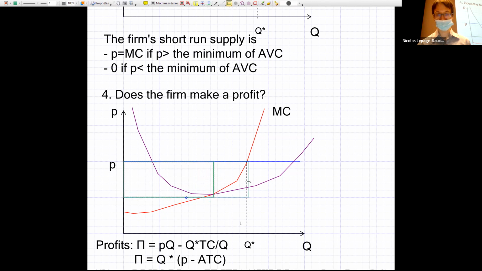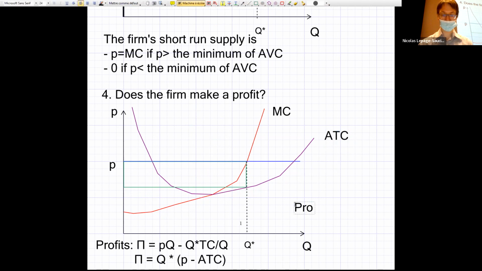What I care about is this: price minus average total cost at Q star, multiplied by Q star.